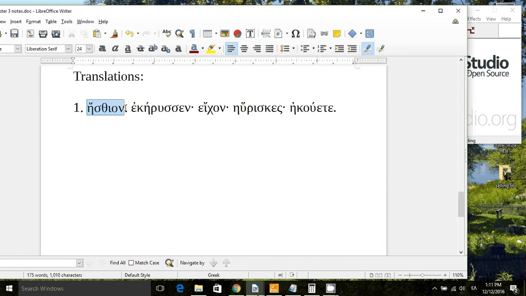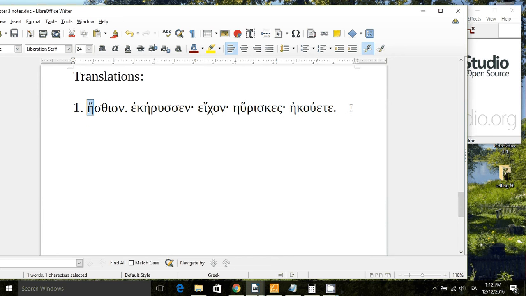So when I look at this, eestheon, what do I see? I see an on ending. That should tell me that I'm in the imperfect tense. And then sure enough, if I think, oh, this eta on the front, when I'm in the imperfect, I add an epsilon to it. So originally it's going to be estheo.